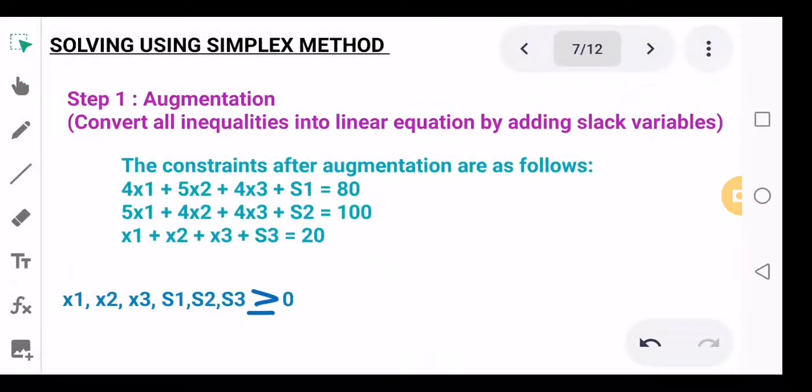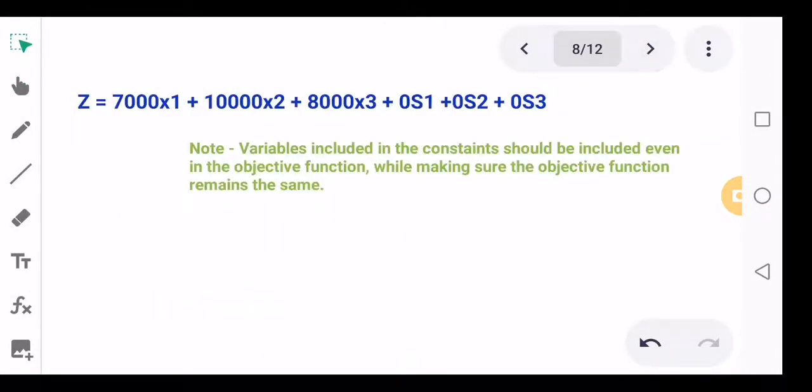The next thing we need to do after this is change the objective function. Here we are not changing the objective function completely. The objective function remains the same. What you're doing is just adding the slack variables, and when adding them, you're making sure that the coefficients of the slack variables are 0. 0 into S1 is nothing but 0, 0 into S2 is 0, 0 into S3 is 0.